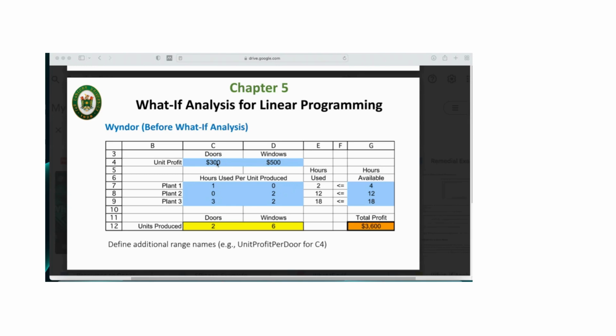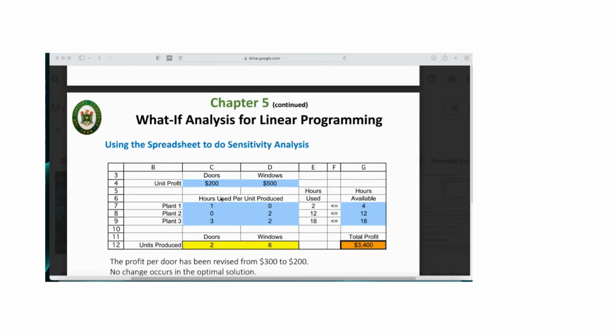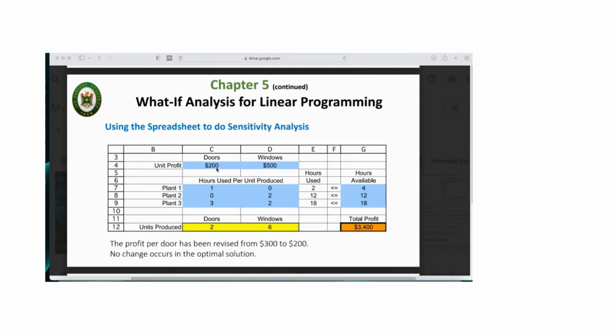What happens if we change this? Let's see. If we change the 300 to 200, what's the effect on the solution? And how do you do that? Okay, later on for the how. What's the effect on the optimal solution? Is there a change? There's no change here.